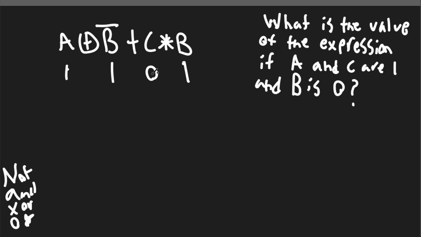Okay? And we'll do our first operation, not, and not will change the not over B to a 1. Okay? So you have 1, 1, 1, 0, or we pull down our operations now.